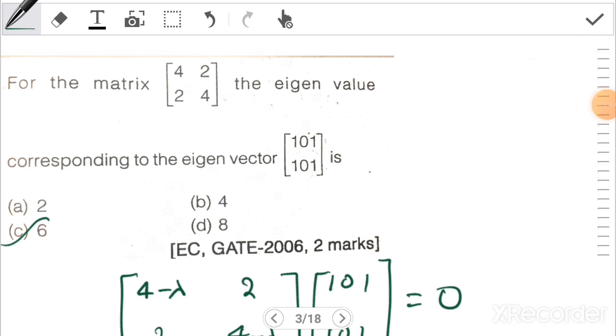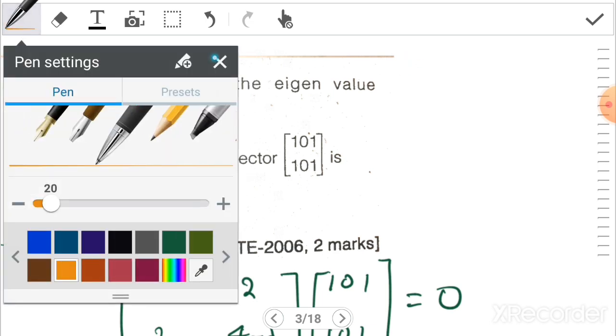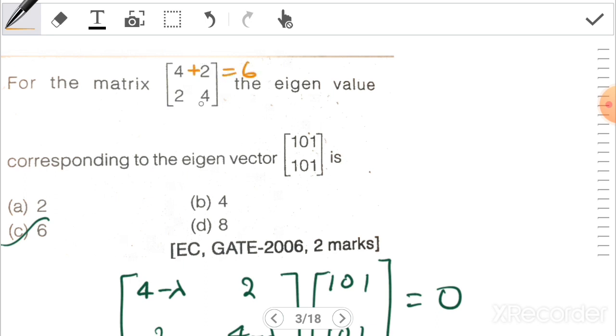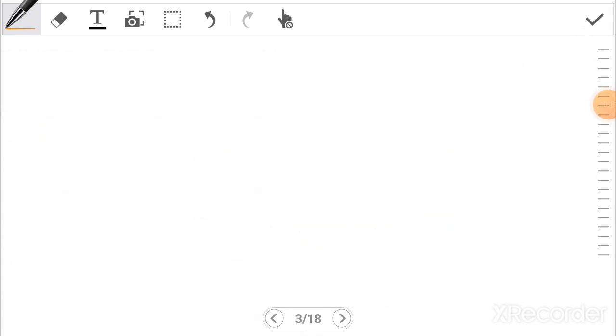Also, you may notice the sum of entries in all the rows is 6. See, 4 plus 2 is 6, 2 plus 4 is 6. So if the sum is 6, one value of lambda must be 6. Let us see one more such case. Let's have one matrix as 1, minus 2, 1, 0, minus 1, 1.